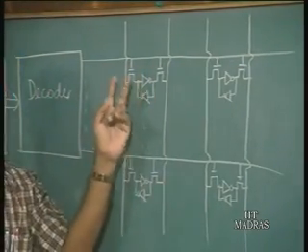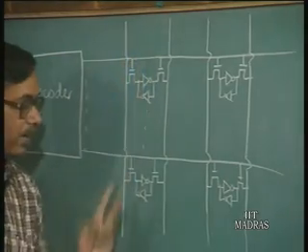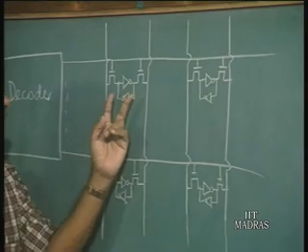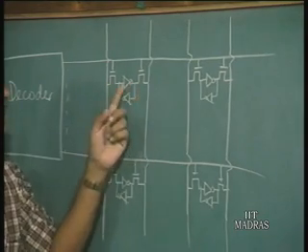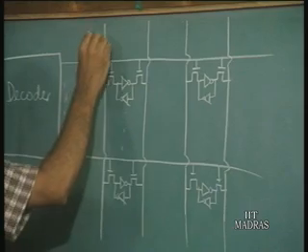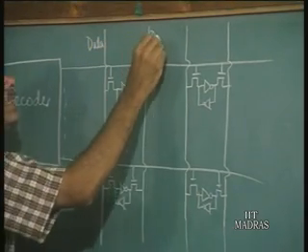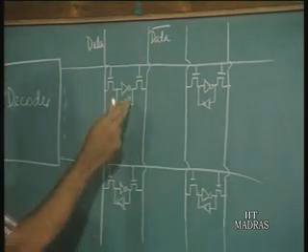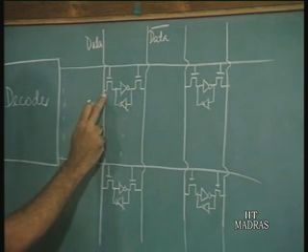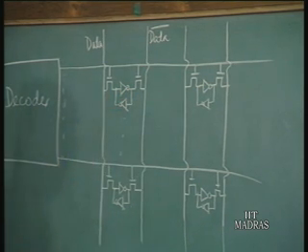So, it selects one cell in each of the columns, and that particular cell is connected to the data line. So, you have 2 lines actually, one is called the data and the other is the data bar line. That is because of this particular configuration here, you have an inverter. So, if one line is high, the other line will be low.